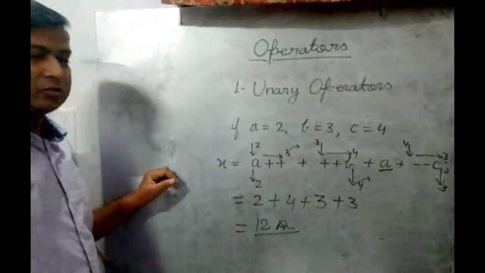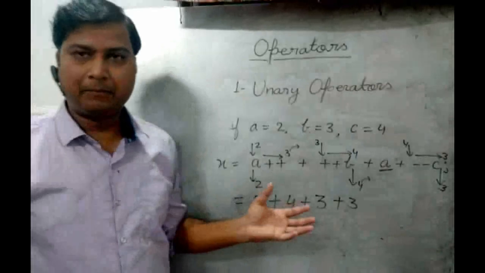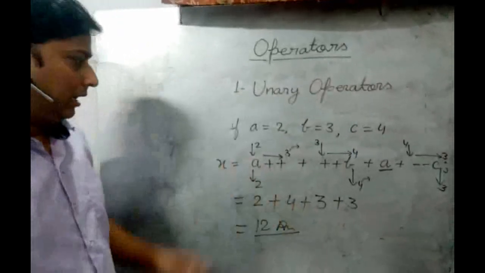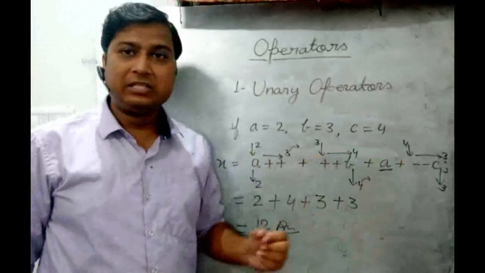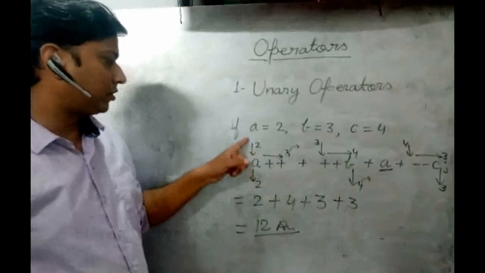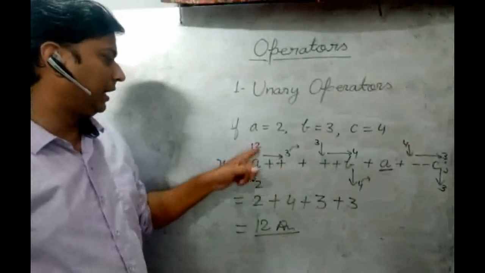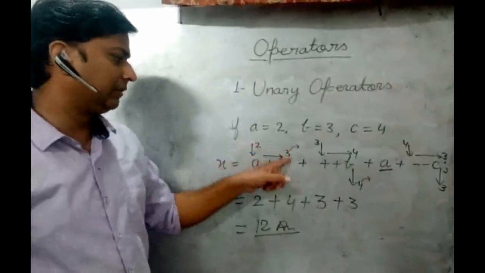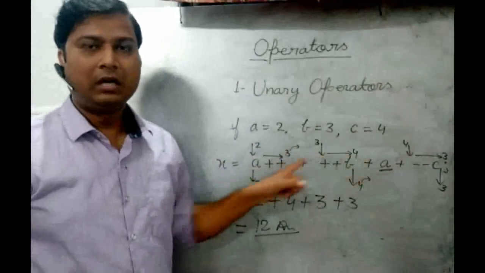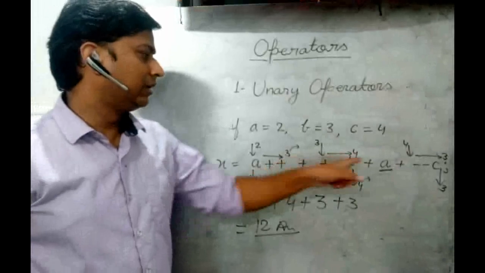So this is the way to solve pre and post increment and decrement operators. Once again just look here. With the help of this arrow, it's very easy to solve. If this one is a post increment, first of all we use the value of A, and the same value will be the result, and then the value will be increased, and this increased value we have to use in this expression.